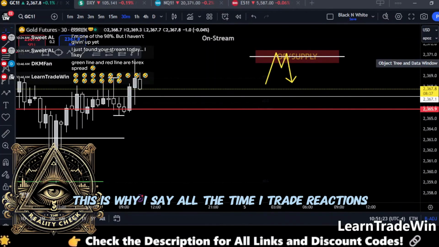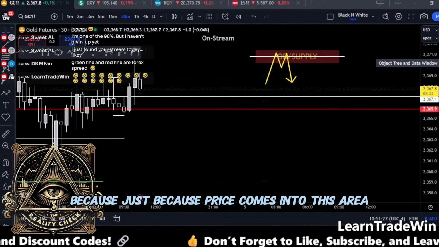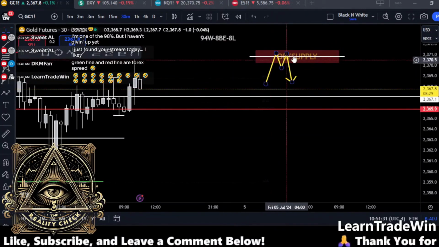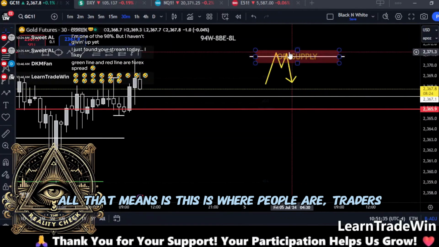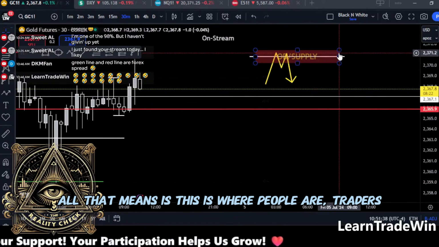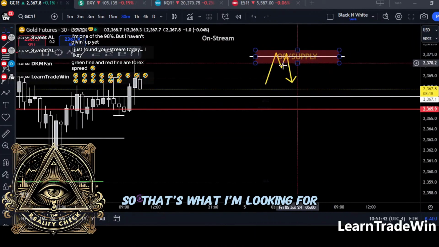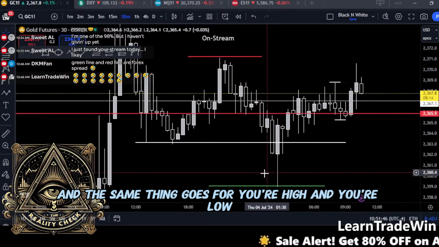This is why I say all the time, I trade reactions, not predictions, because just because price comes into this area, to me, doesn't mean anything. All that means is this is where traders are going to be going short. And the same thing goes for your high and your low.